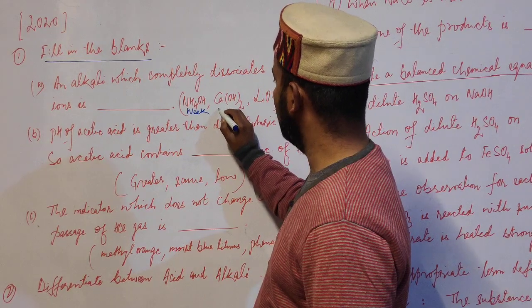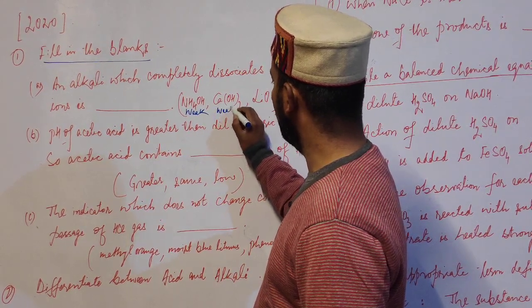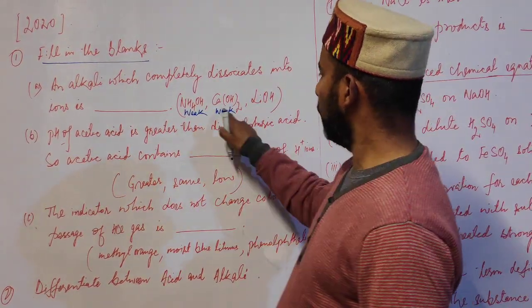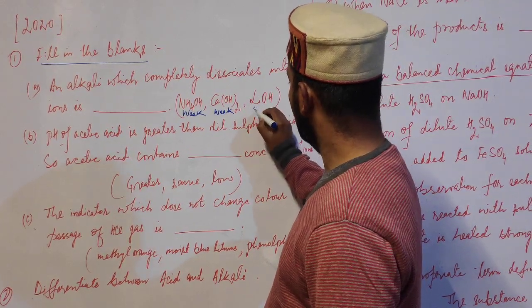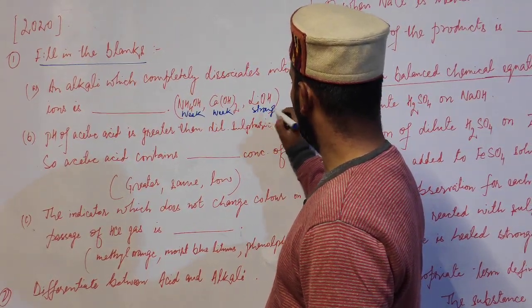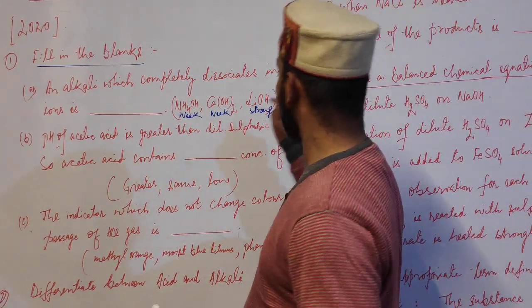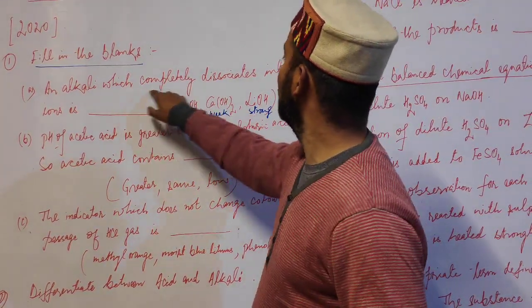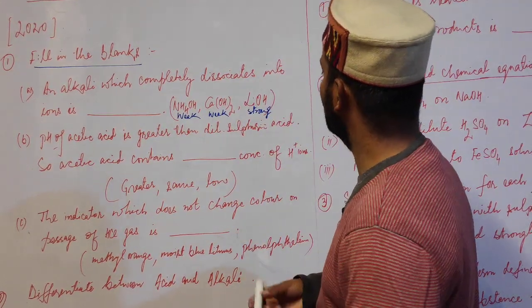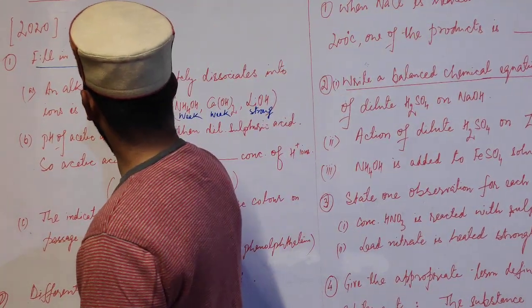Calcium hydroxide is also weak, and therefore the only option we are left with is lithium hydroxide, which is a strong alkali, and strong alkalis are the ones which undergo complete dissociation into ions. So your answer is lithium hydroxide.